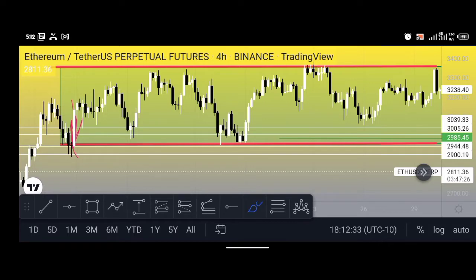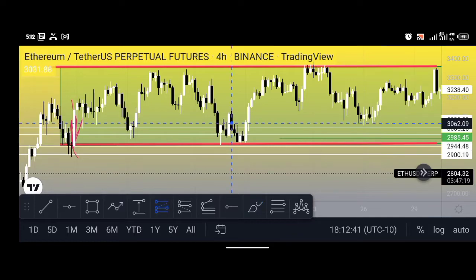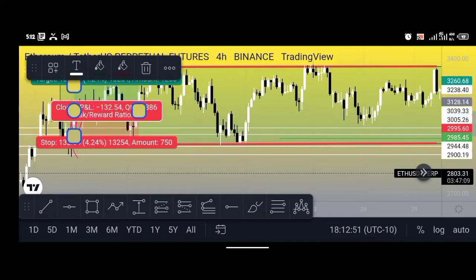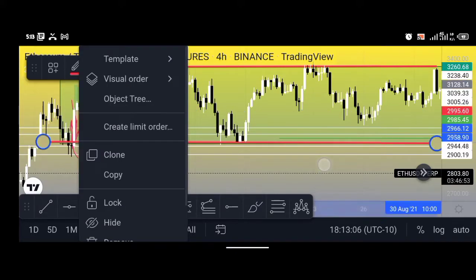So if you want to place a trade after that bullish momentum candle, you pick your tools for longing the market. Make sure your stop loss is above your support level.